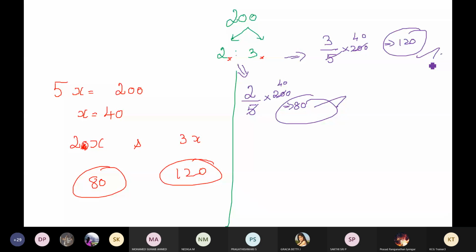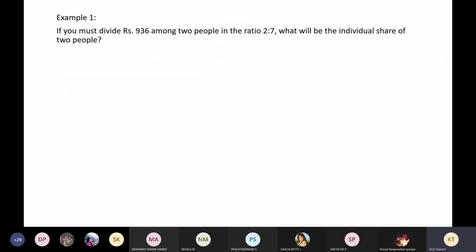Now, I want you to divide 936 in the ratio 2:7 and tell me what the individual shares will be.